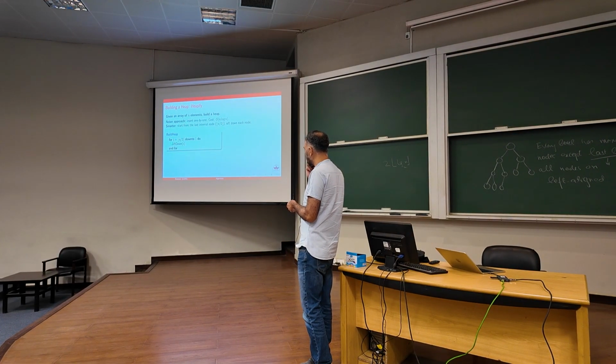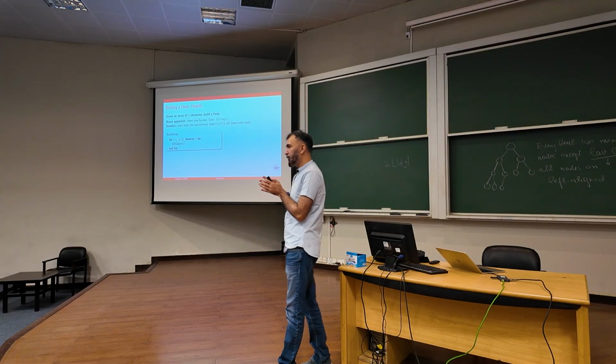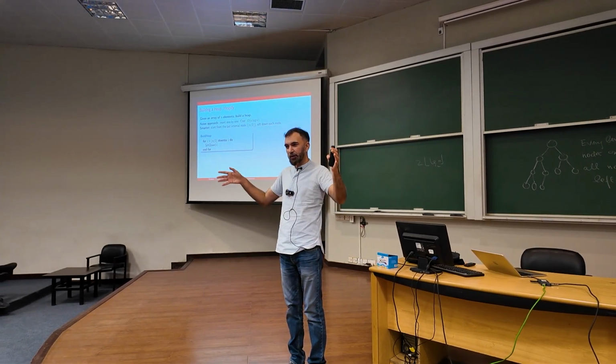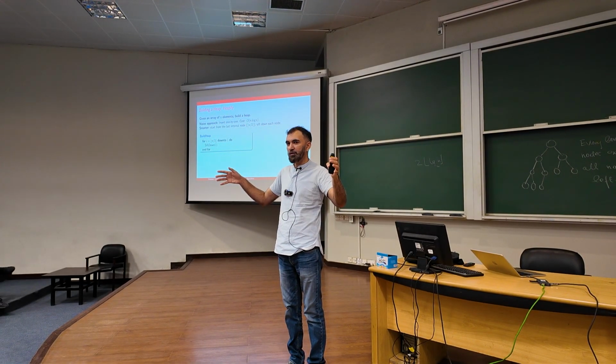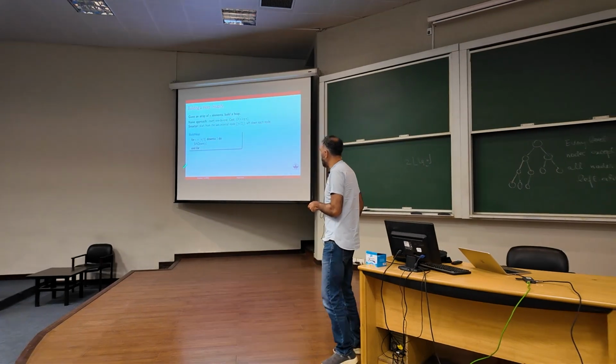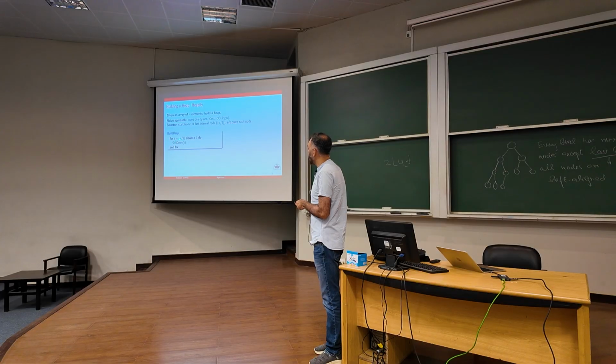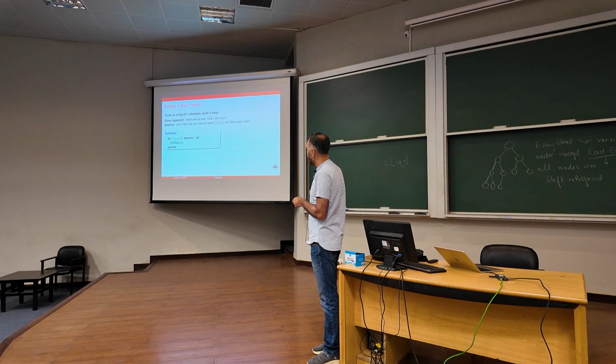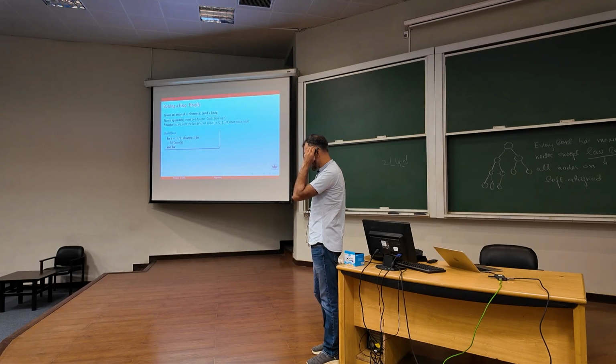You start with an array which is completely arbitrary, with no heap property on it. And then you sift down from i equal to n over 2 down to 1.